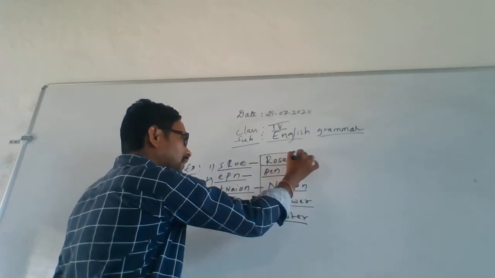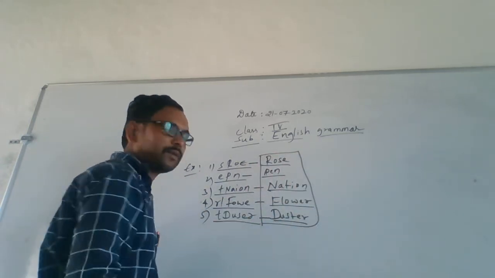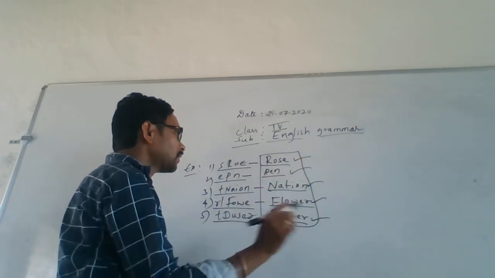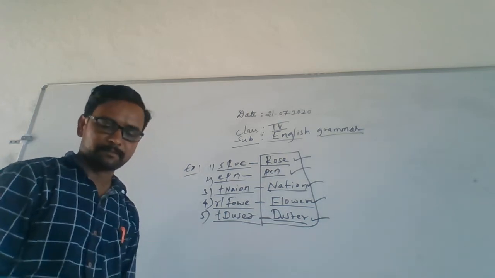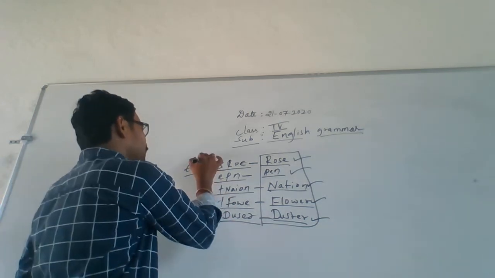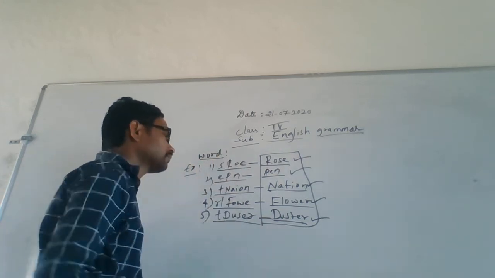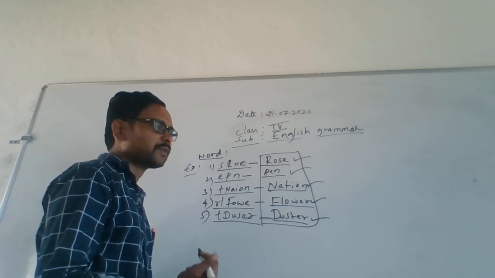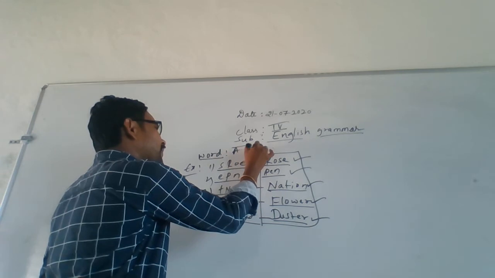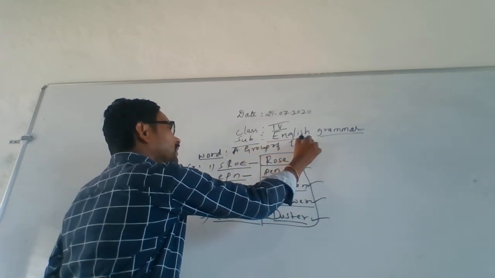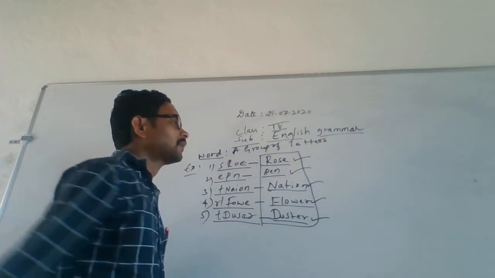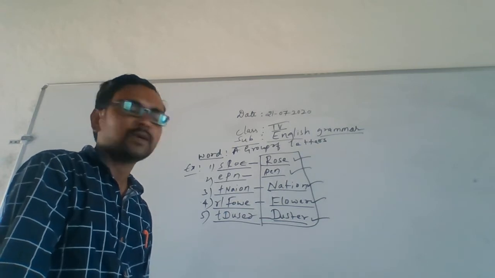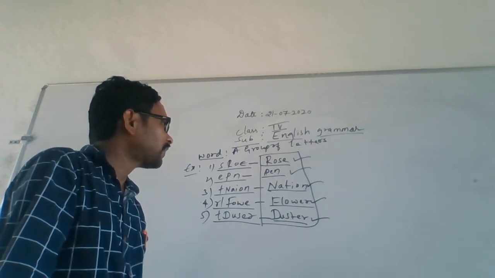Now these are correct, meaningful words. So tell me now, what does word mean? A word is a group of letters.